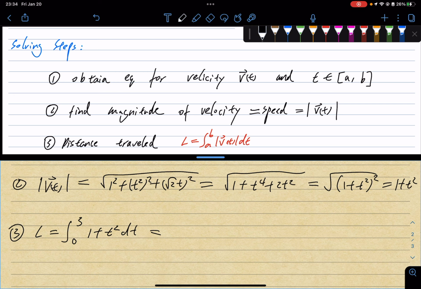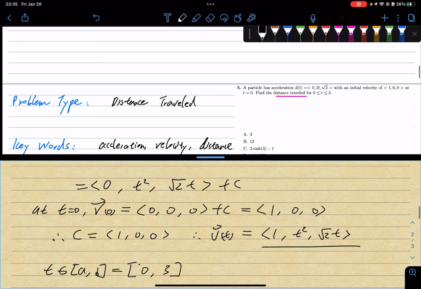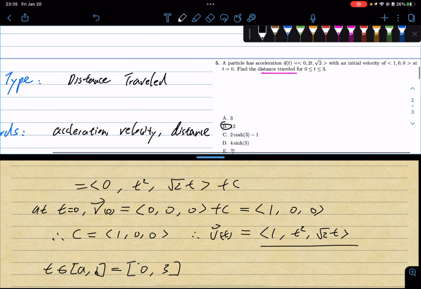This will give us t plus t cubed over 3, integrated from 0 to 3, and the end result is 12. That is the correct answer for this question.